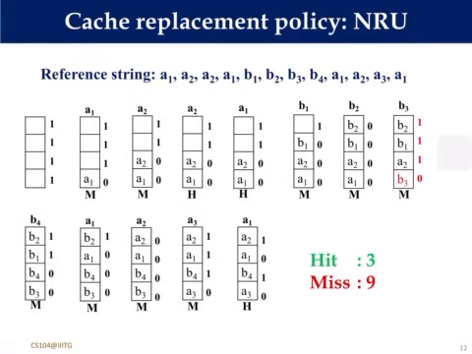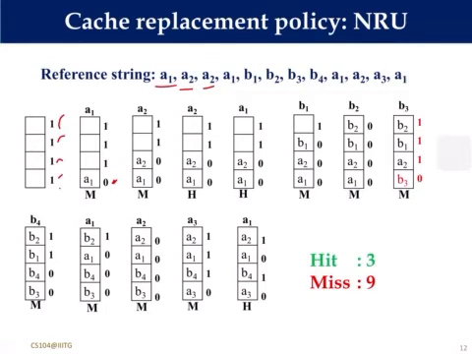So just to give an example of that policy. Initially, again, you will have cache blocks and their NRU bits are all 1, right? And things keep on coming to the cache: A1, A2, A1. So A1 comes, its bit is set to 0.